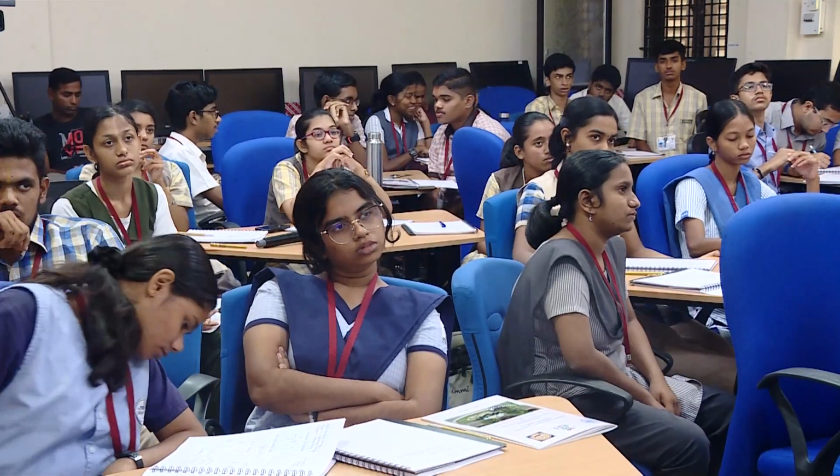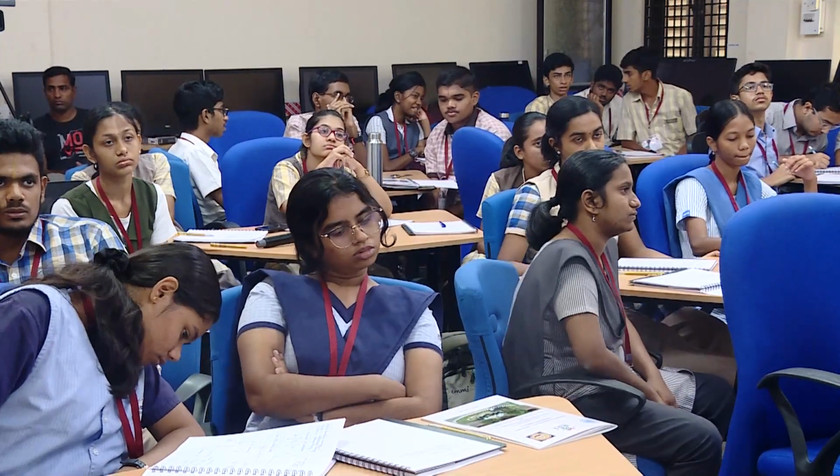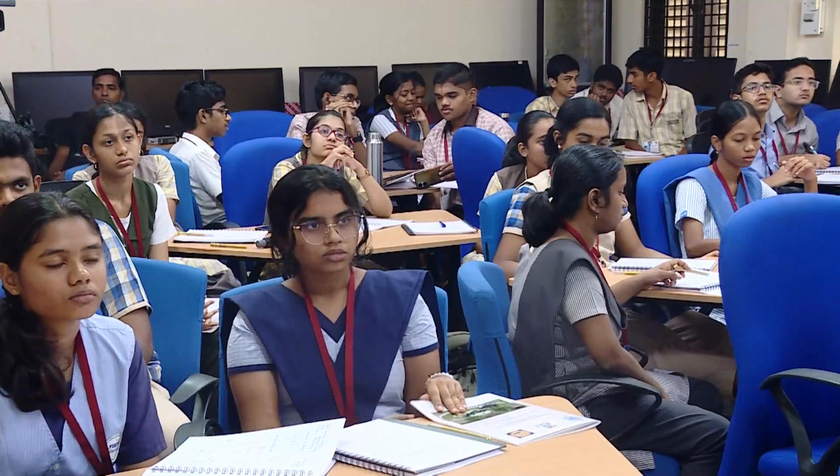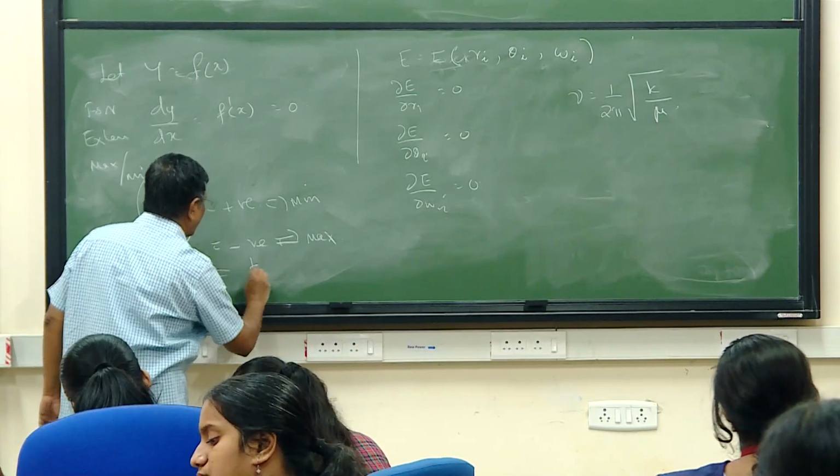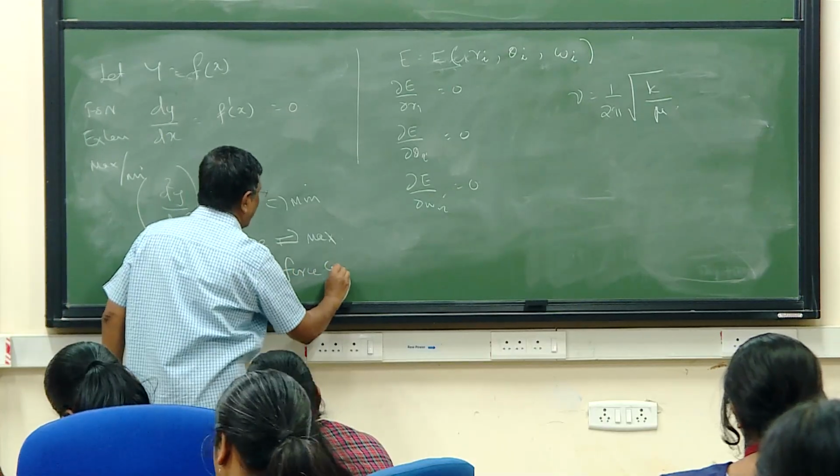You are familiar with this. I will go beyond what I wanted to do. It is root of k by mu. The second order derivative is equal to the force constant. You take it from me, I am not going to describe it.